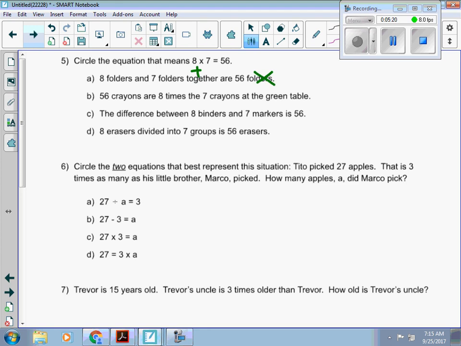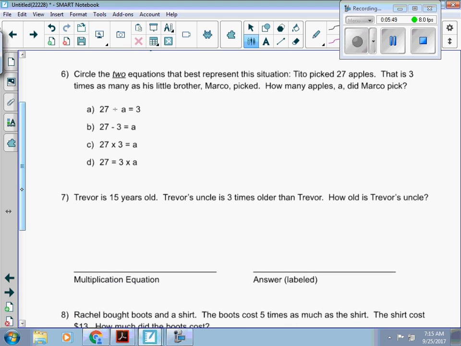Letter B: 56 crayons are 8 times the 7 crayons. Okay, so that one could be it, because I have 56 is 8 times 7. Here I have the difference between, that normally means subtraction, so that one's going to be out. And 8 erasers divided by, that won't work either. So I know that my answer is B. That's the one that talks about 8 times 7.